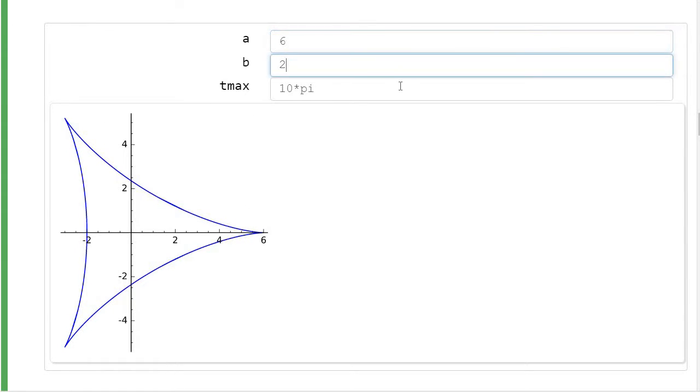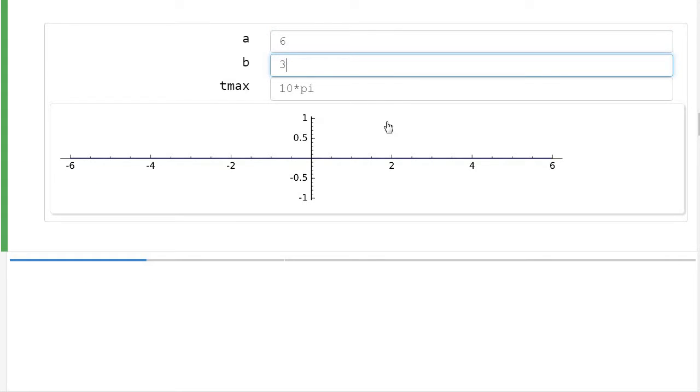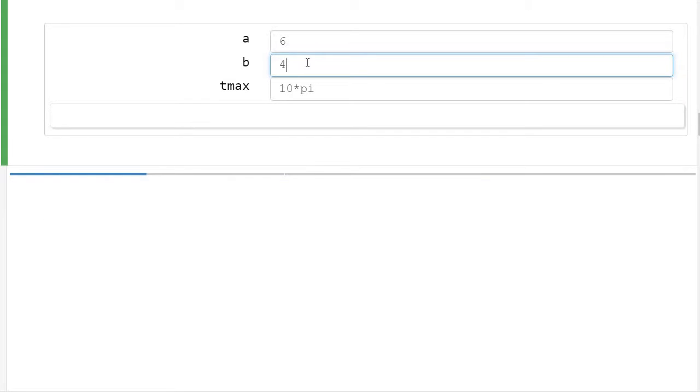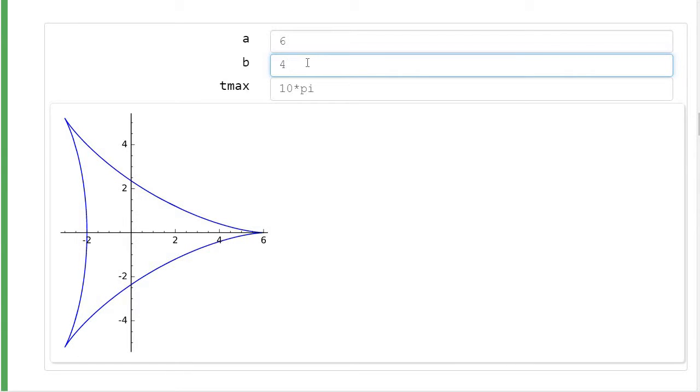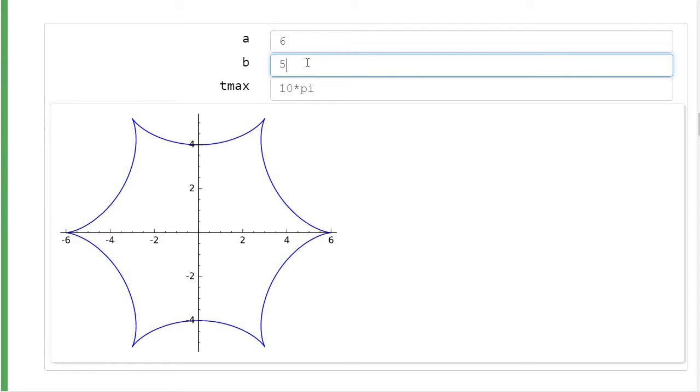If we change b, oh, that was a degenerate case, looks like, so maybe that was not a good choice. Alright, b is 4 looks pretty much like b is 2. How about 5? Okay, so now 6 and 5 don't have common factors, so we get 6 points, though not really a star anymore. So that's one thing you can do.